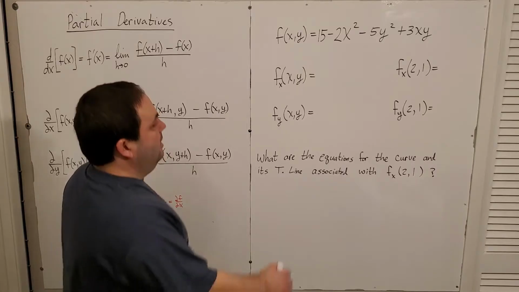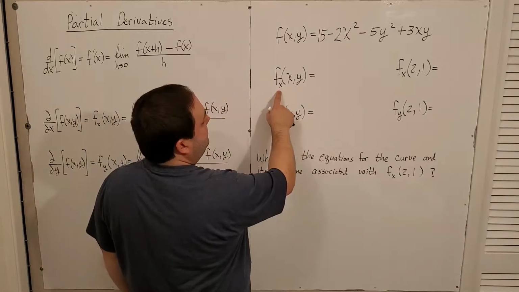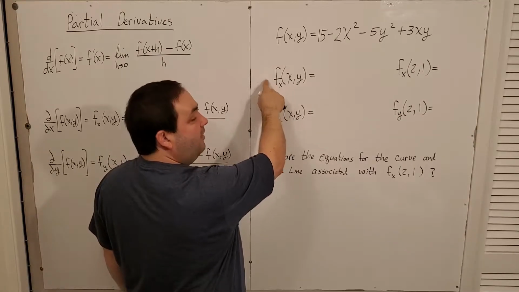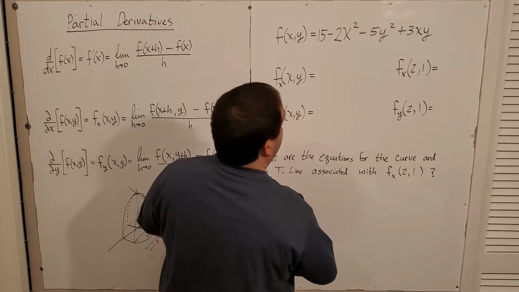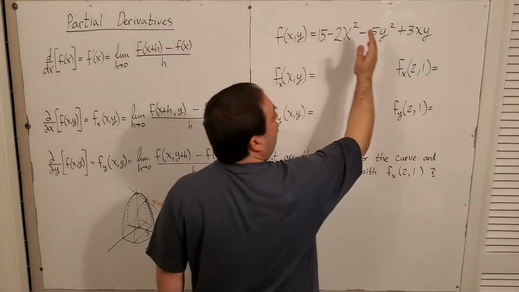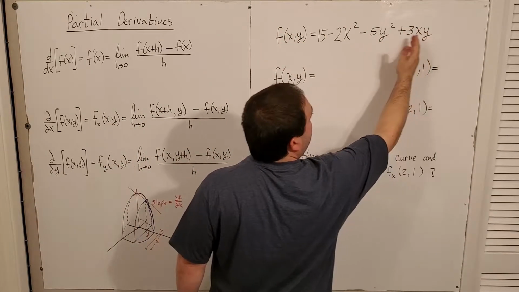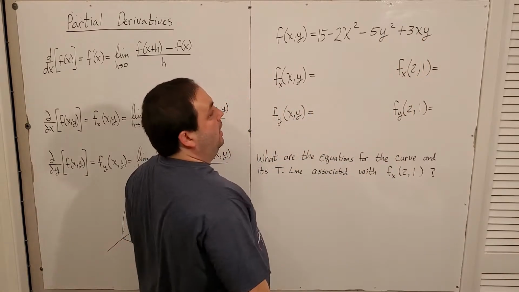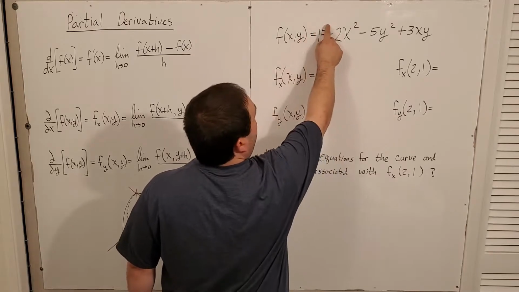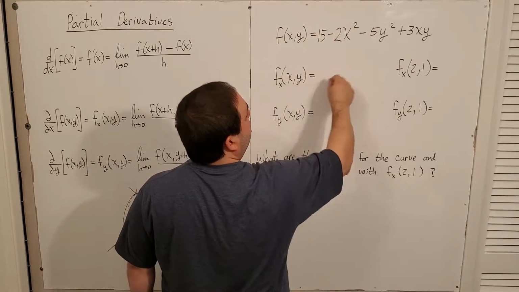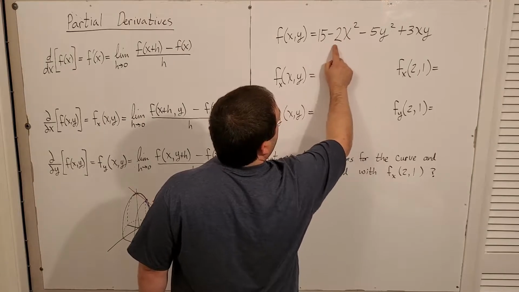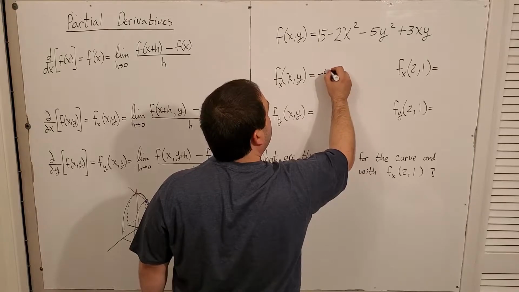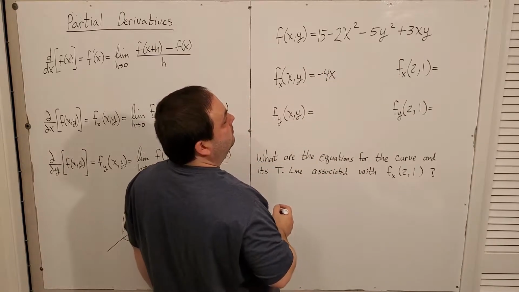Okay, so what is f sub x? In other words, the partial derivative of f with respect to x, right? That means pretend y is a constant. Y is not a variable. Y does not change at all. So I treat it like a constant. So the derivative of 15 is 0. The derivative of negative 2x squared with respect to x is negative 4x, as you would expect.